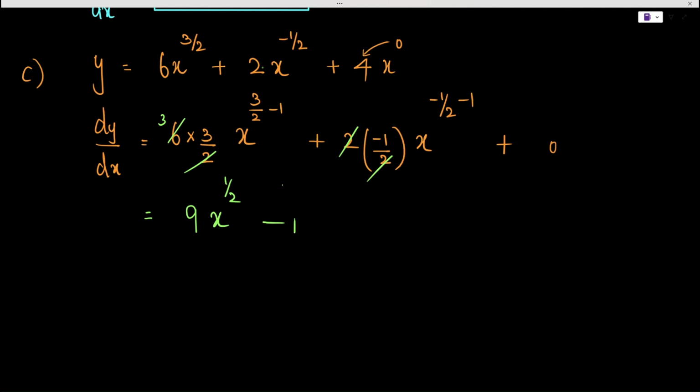So we have minus x, and minus a half minus 1 is equal to minus 3 over 2. So we're left with dy by dx equal to 9x to the power of 1 over 2 minus x to the power of minus 3 over 2.